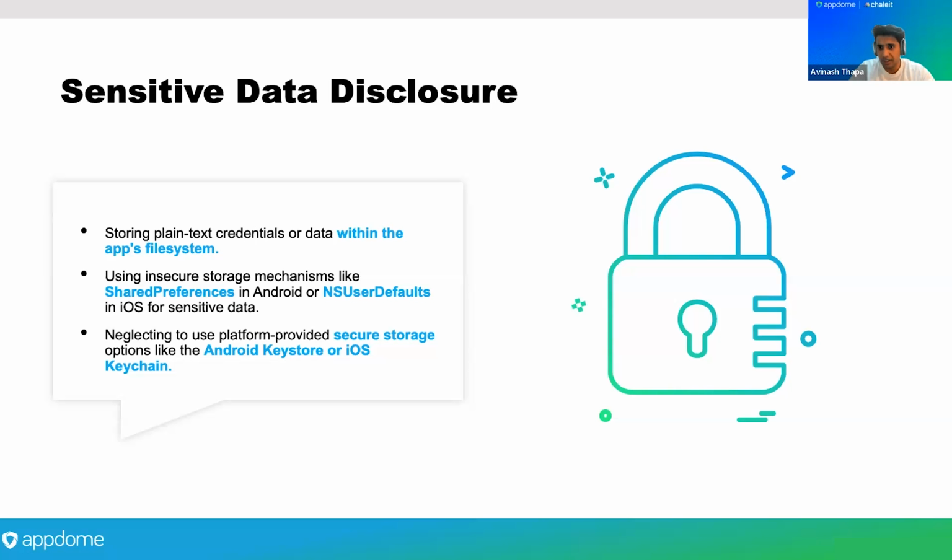Now, if my application is vulnerable enough that it's installed on a rooted or jailbroken device, I have an opportunity to install another application on the same device and try to see if I can capture the username and password logged by a legitimate application, right? So that's sensitive data. Sometimes they don't store username and password, they actually store session credentials, like session tokens.